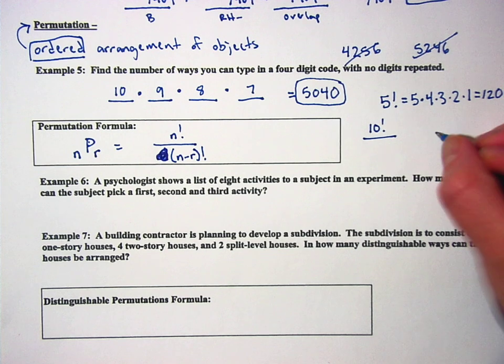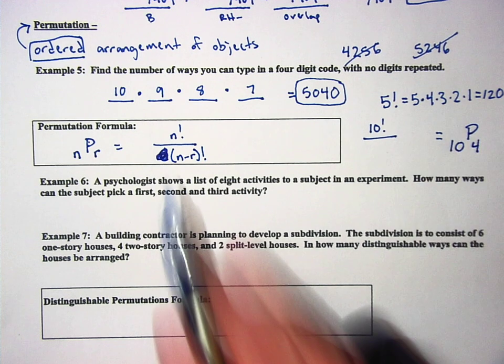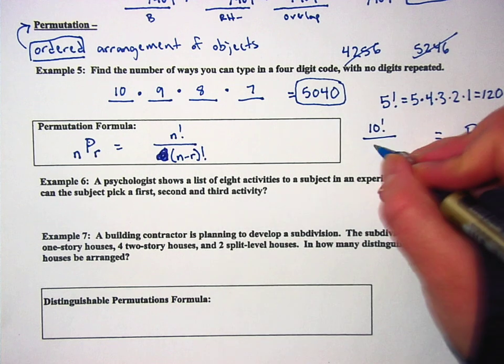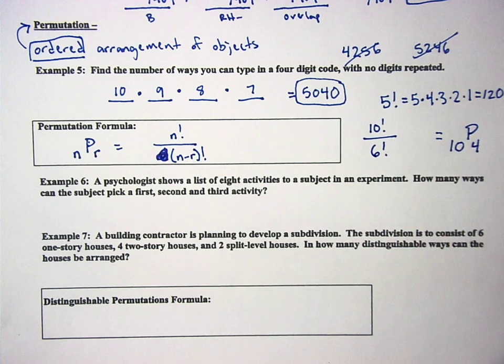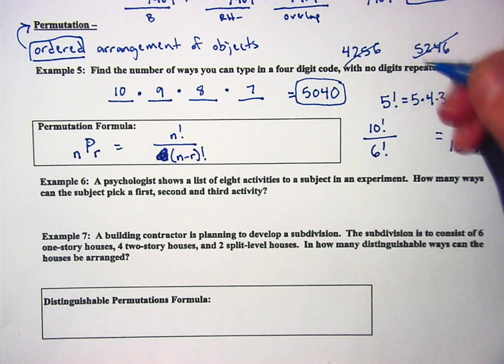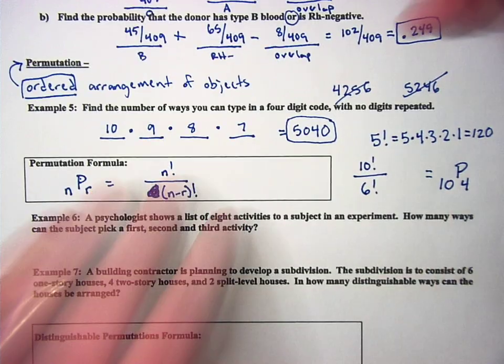So if I had 10 digits to choose from, I cared about the order, that's why it's a permutation, and I want to pick 4 of the digits, then I would divide by 10 minus 4 factorial, which is 6 factorial. And if you think about it, where can I get some more space? I'll shift up here for a second.